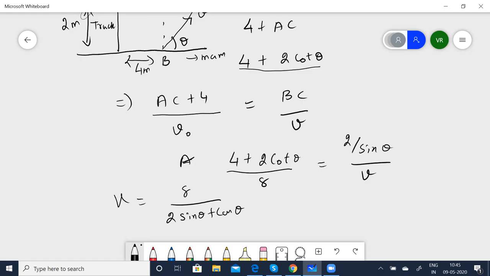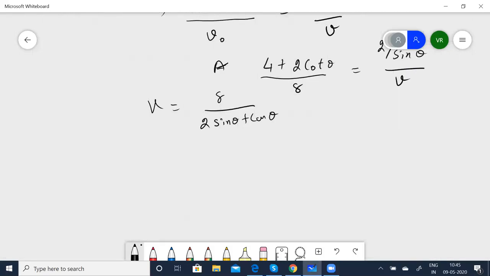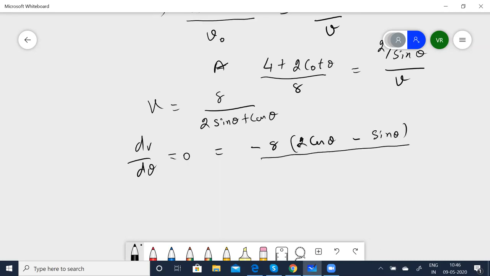Okay, we have arrived at the equation. Now in the mathematics part, you have studied maxima and minima. So to find the minimum time, find dV by d theta and equate it to 0. That is minus 8 times (2 cos theta minus sine theta) divided by (2 sine theta plus cos theta) the whole square.